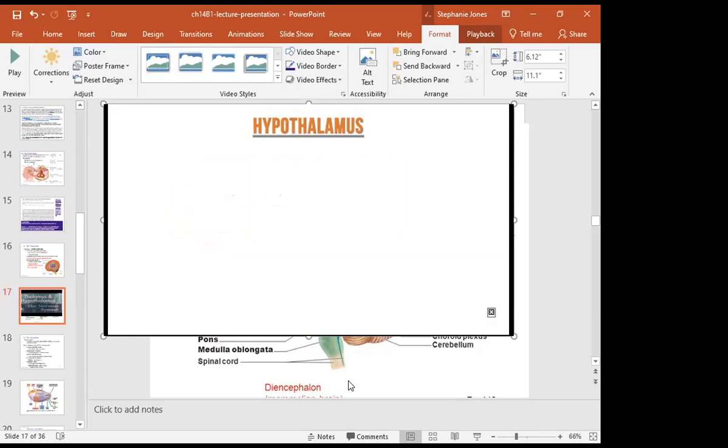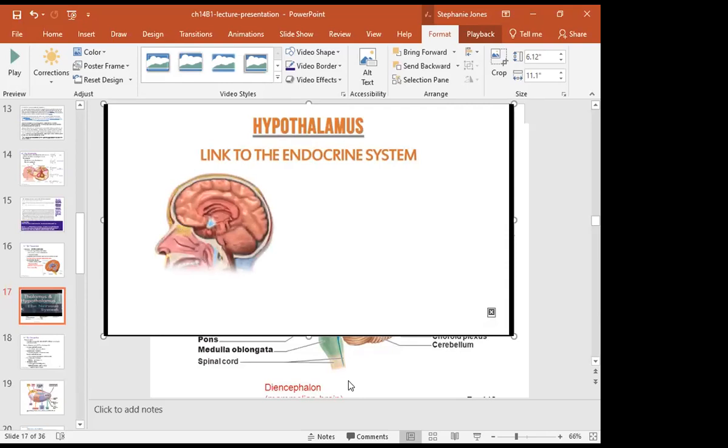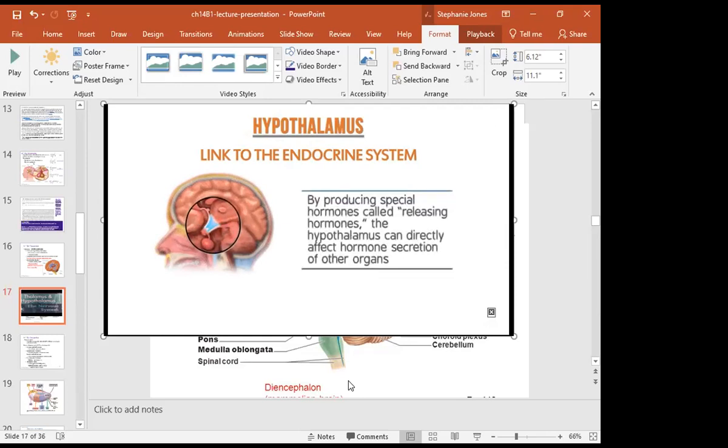Perhaps the most vital function of the hypothalamus is being the nervous system's link to the endocrine system. The hypothalamus performs this function via its connection to the anterior pituitary gland. This connection is important because it allows the hypothalamus to regulate the pituitary gland. By producing special hormones called releasing hormones, the hypothalamus can directly affect hormone secretion of other organs.